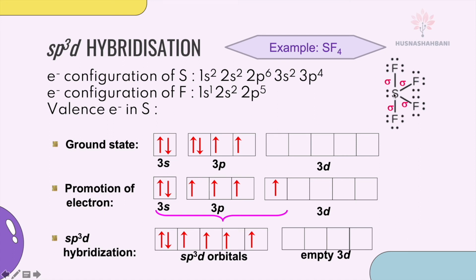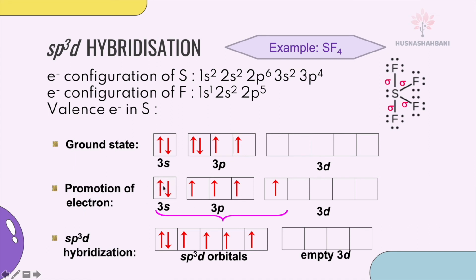Look at how many sigma bonds. So 4 unpaired electrons. In the ground state, you only have 2 unpaired electrons. So take the paired electrons from the higher energy orbital. You don't take this one, take this one from the p orbital. Take 1 electron from the p orbital and put it into the 3d orbital, making the promotion of electron 4 unpaired electrons and 1 paired electron.